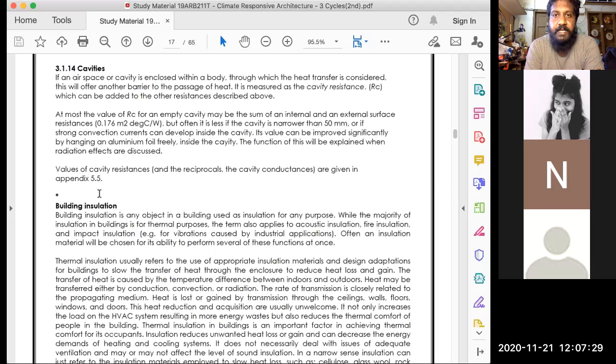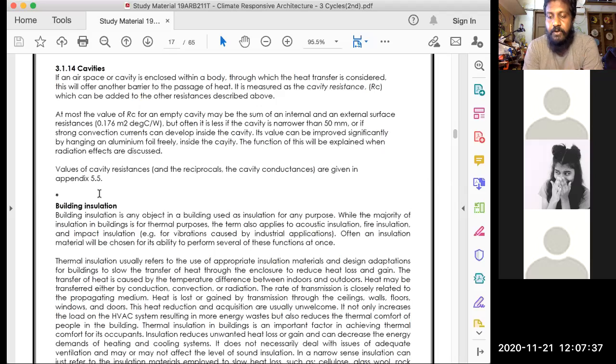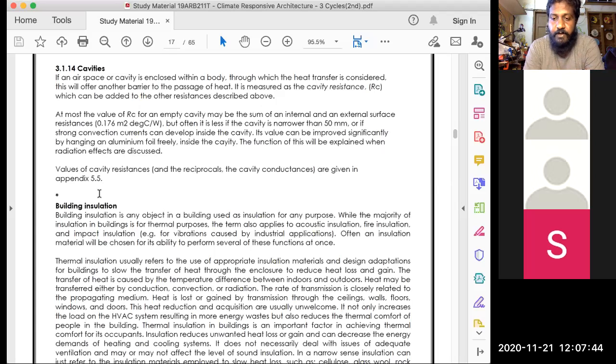So air by itself is a very good thermal insulator. It becomes a barrier for heat transfer. But on top of having an empty slot of air, there are different materials which you can use to do the insulation. So that is what you'll be looking into.